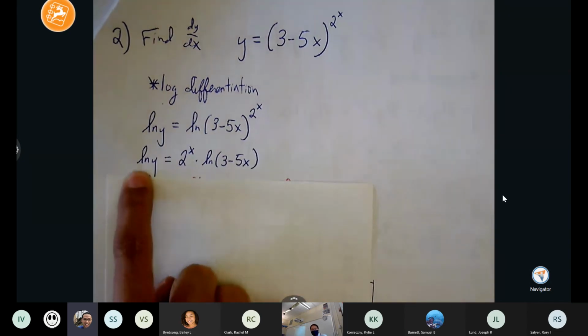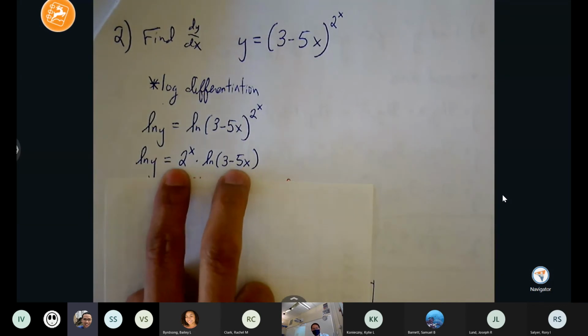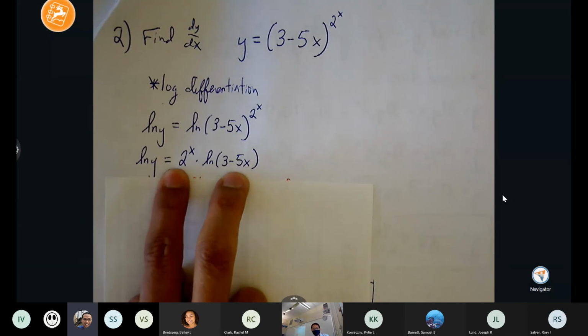Okay, so left side is implicit. Right side, we have to use what? Product rule. Product rule. F prime g plus fg prime.